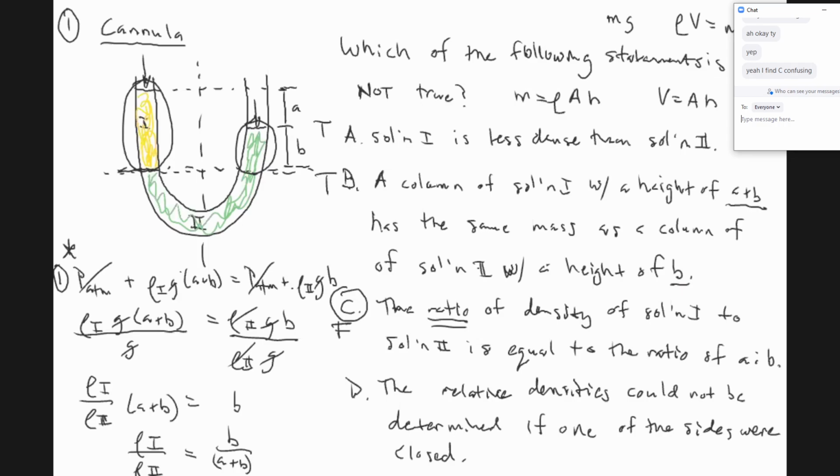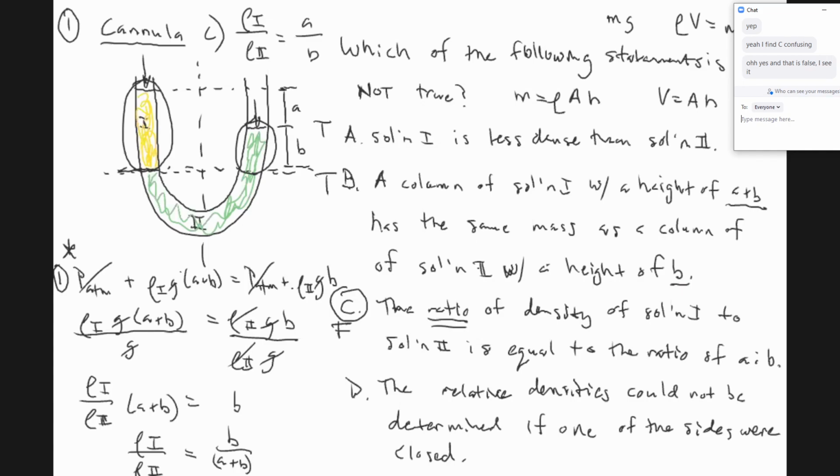This statement is saying that the density of solution 1 to solution 2 is A to B. That's what statement C is saying. In words, I'm just translating it to an equation for you. The ratio of density of solution 1 to solution 2 is the ratio of A to B. What does it mean to be a ratio?